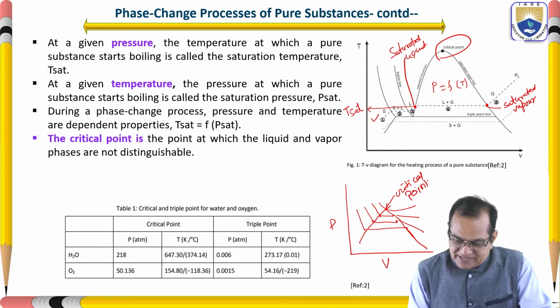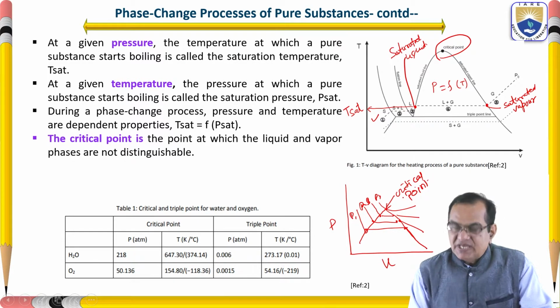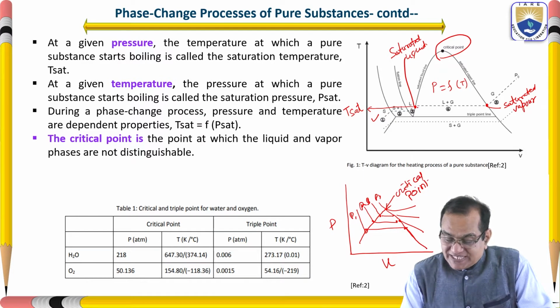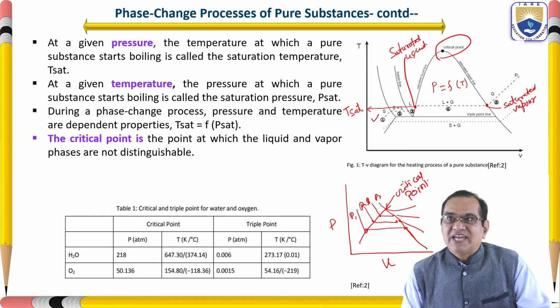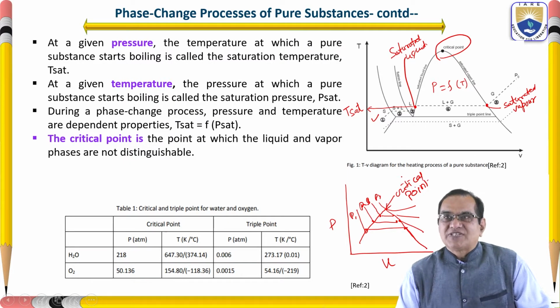For each pressure, this is P1, P2, P3, P4, and this is the specific volume. Whenever the phase changes from liquid to gas, temperature and pressure remain constant in between. If you increase the pressure, temperature will also increase in the same ratio as I have shown earlier. So during a phase change process, pressure and temperature are dependent properties.